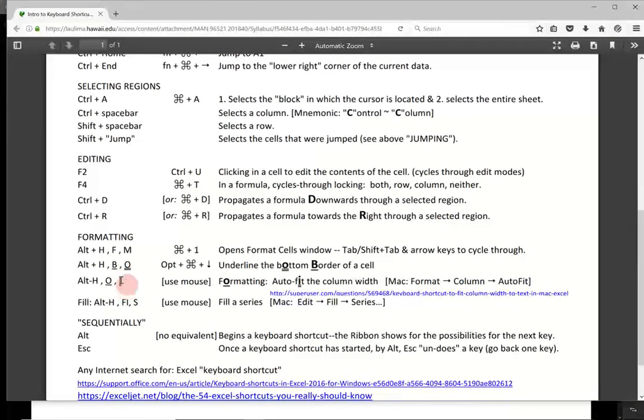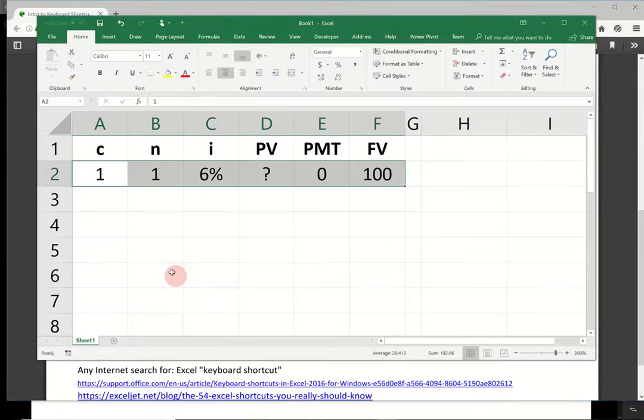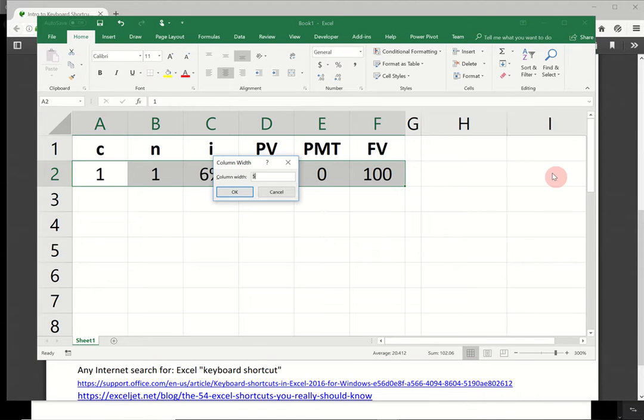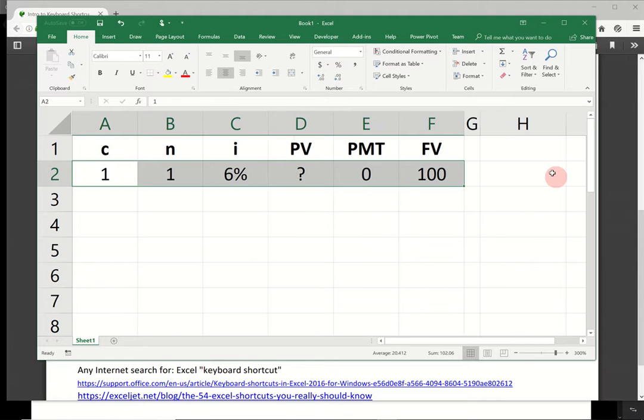I guess I don't have that one on the sheet. I was trying to fit everything on one page, right? So again, Alt-H-O-I is the autofit, but Alt-H-O and then W is where you set the column width. So if you push W, that's where it asks you how wide do you want it to be. Oh, maybe I'll make it 6. It's a little bit wider. Okay.